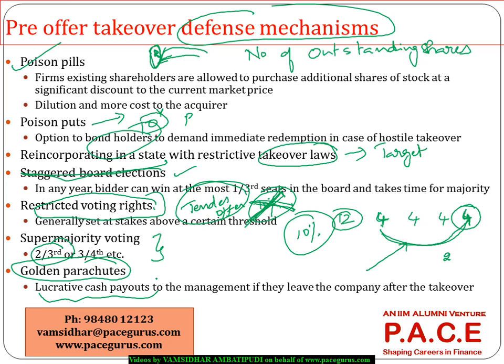That is what we call a golden parachute. It can help in multiple dimensions. All these senior people are compensated for leaving in case of takeover, and this will make them work harder to make sure that the takeover does not occur also.